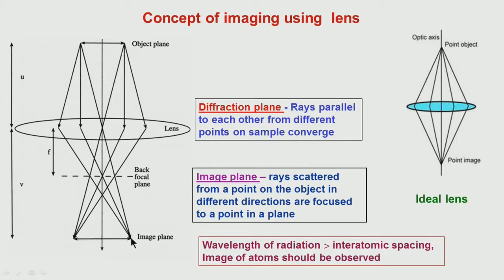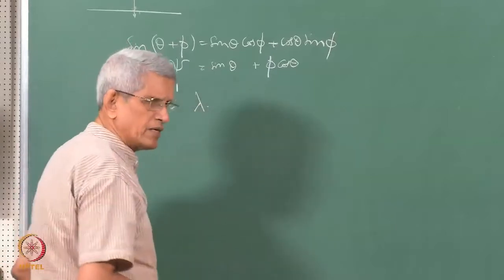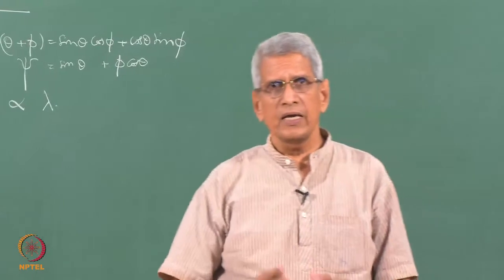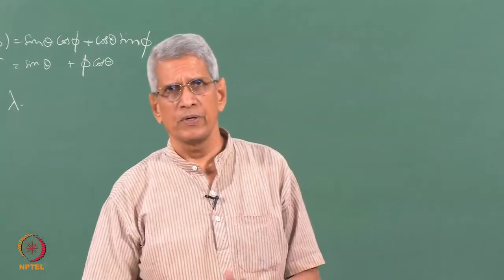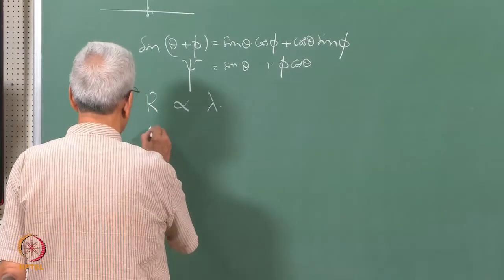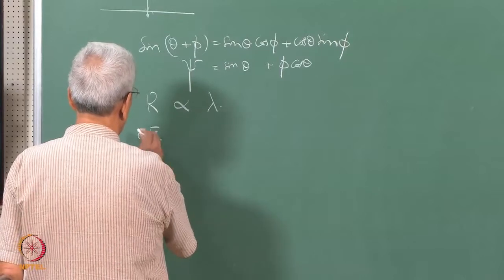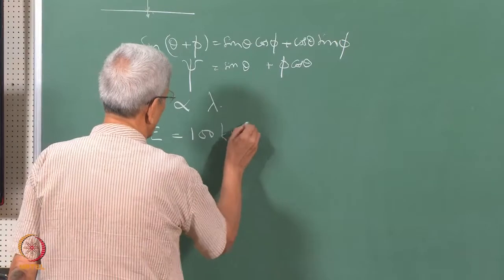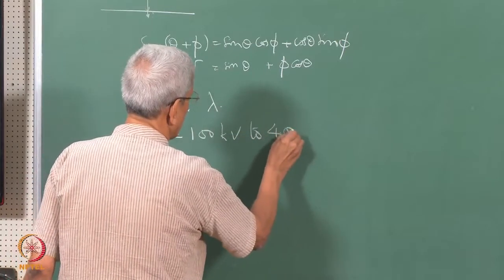So what is the resolution? The Rayleigh criterion says that the resolution R is essentially proportional to lambda, where lambda is the wavelength of the radiation we are using. In the case of an electron microscope, the electrons are accelerated to very high energy, with applied voltages of the order of 100 kV to 400 kV.